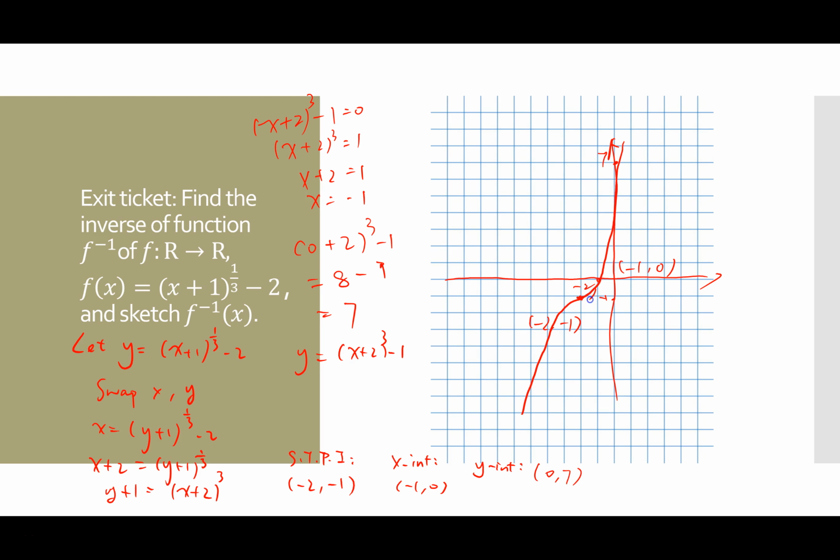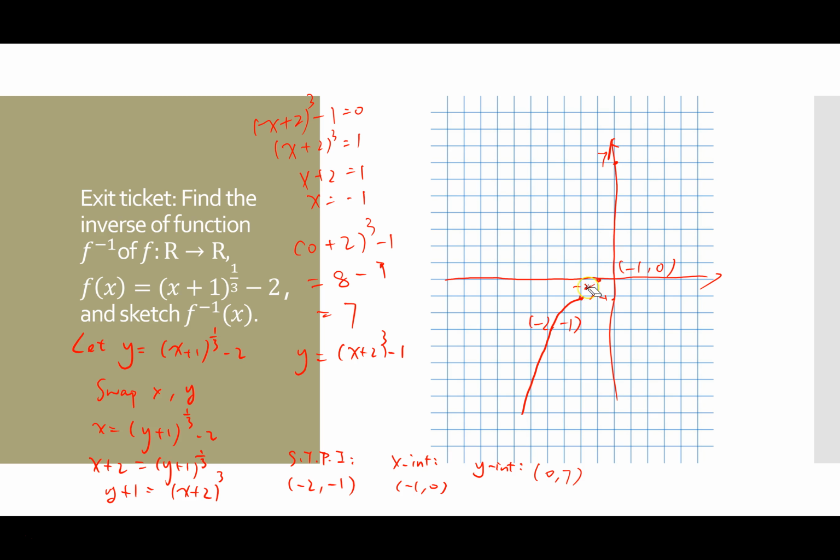Alright, or you can make it look even more flat at that point, and this will be the graph for this cubic function.